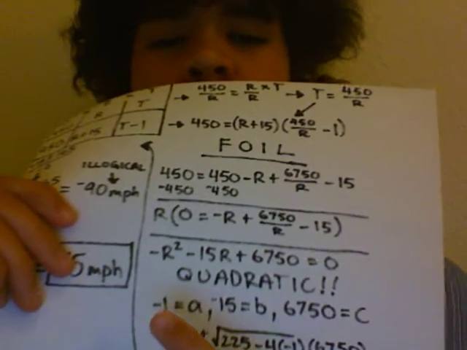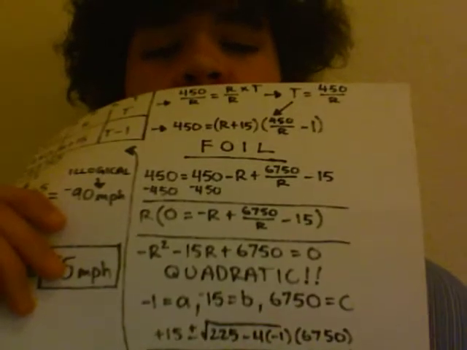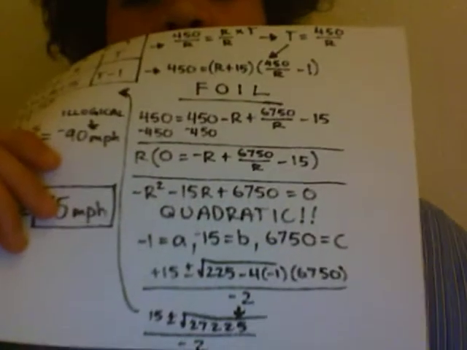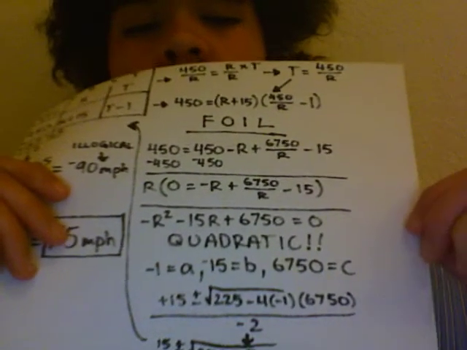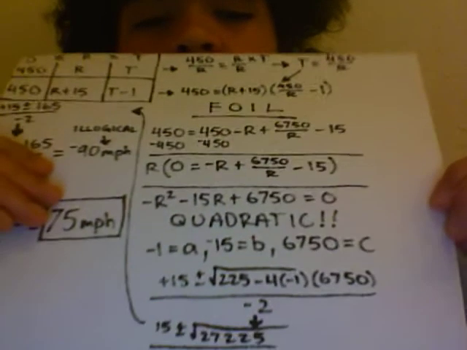And so here you have negative 1 equals a, negative 15 equals b, and 6,750 equals c. So then you can do the quadratic formula, which is negative b plus or minus square root of b squared minus 4ac all over 2a.